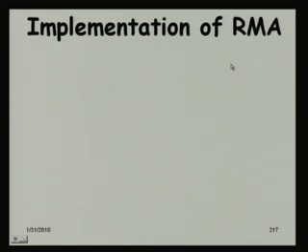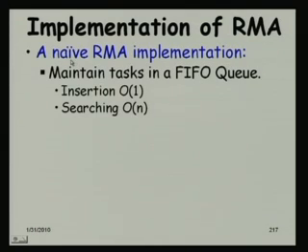Now, let us see what are the possible implementations of RMA, because most of the commercial operating systems just give you facilities to set priority statically and then you implement the RMA. The simplest implementation is a first in first out queue. Insertion is simple and efficient, O(1), whereas for searching you have to search all the tasks, so that is O(n).